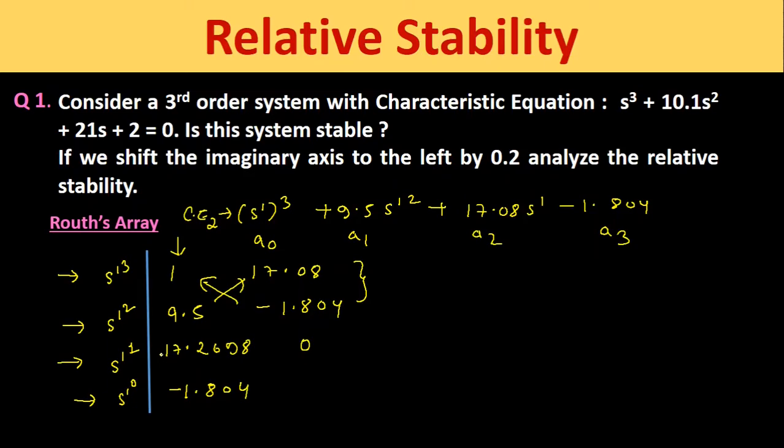So here we can see that this positive value is changing to this negative value. One sign change means one root will be in the right half of the S plane. That means this system is an unstable system. So hence we can conclude that about S is equal to 0.2, the system becomes unstable.